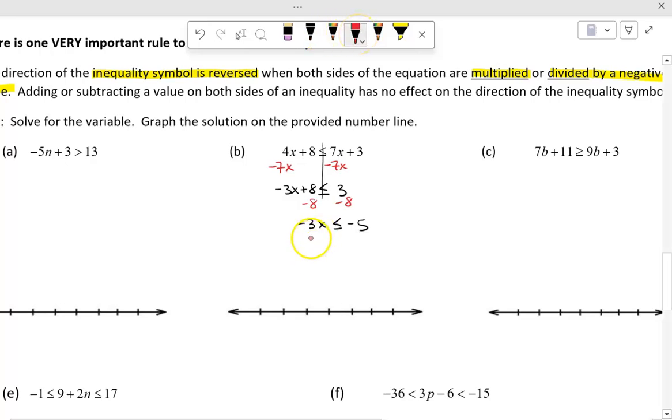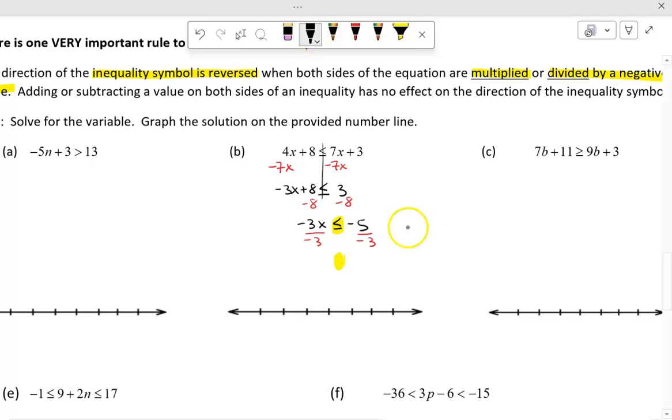My last step here is dividing by -3, and this is the part you have to be super, super careful about. Because remember, when you multiply or divide both sides by a negative, your inequality symbol reverses.